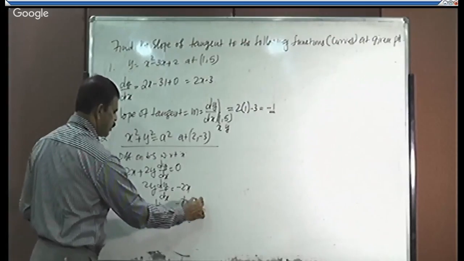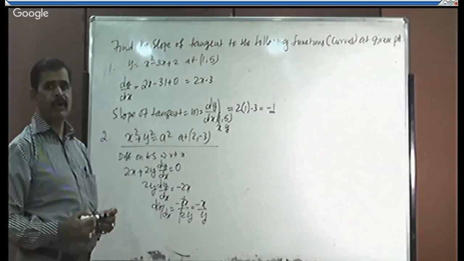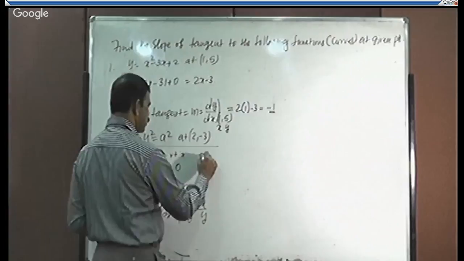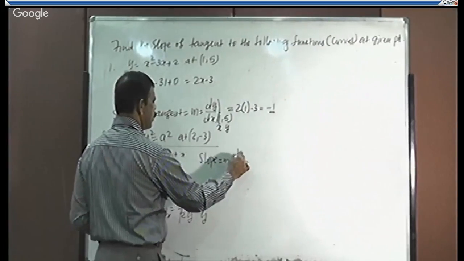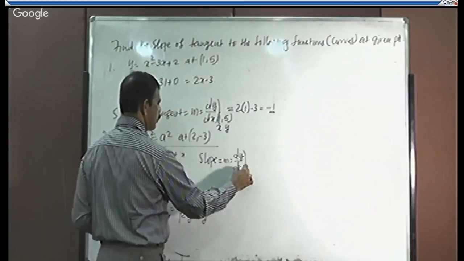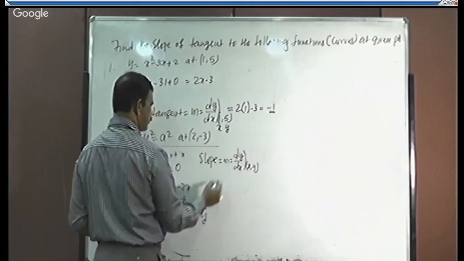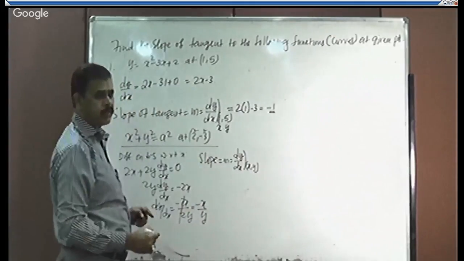After cancelling the 2, it is minus x divided by y. We got dy by dx, right? Then get the slope. What is slope? Slope of tangent is what? M is equal to dy by dx at a given point x comma y. Here, x is equal to 2, y is equal to minus 3.